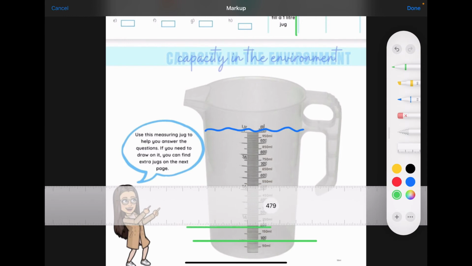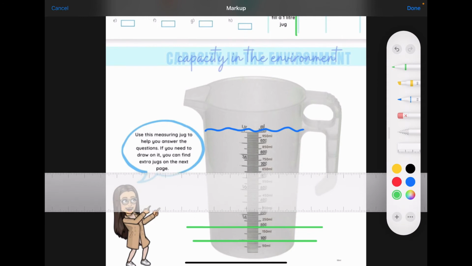Now, I wonder if while you're doing this, you can start to see what all these lines and numbers resemble that we've been working on in other areas of maths. If you said a number line, you would be correct. So when we look at measuring jugs, they actually are kind of a vertical number line. So that might help you when you are adding these different increments each time.